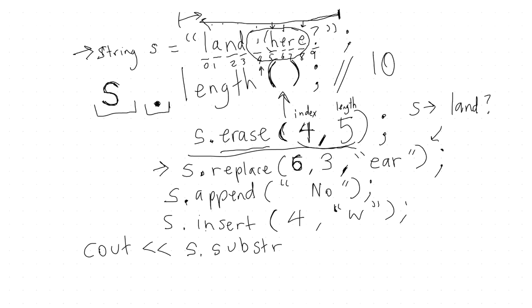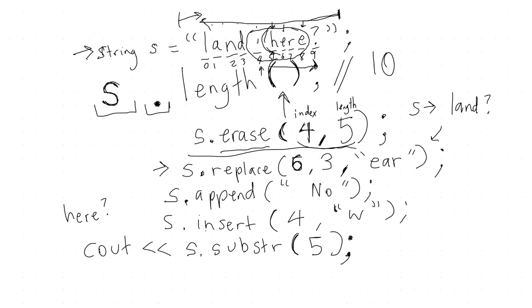One version of this, you just have to pass in the index where your substring starts from. So let's say I just want to get here. I would just pass in the index 5, and that'll give me the string starting at index 5 up until the last character in your string.